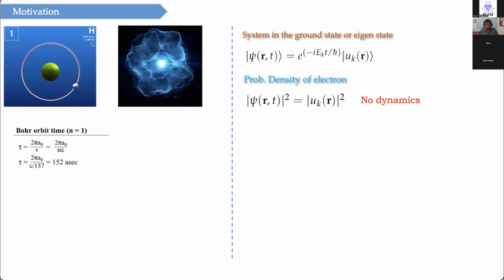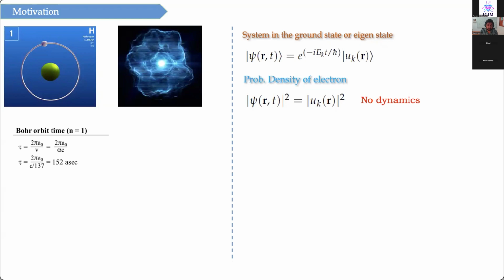Now, as I said, this isn't true. Quantum mechanically, if you look at the system and write the ground state wave function, or the eigenstate, the equation has an exponential term with a time factor and a space function. So it's a multiplier of space and time.